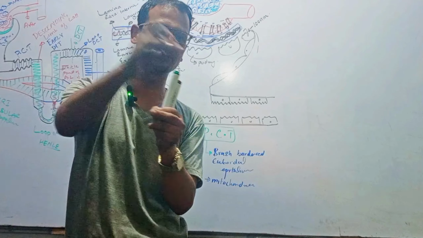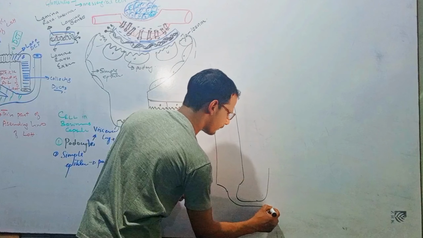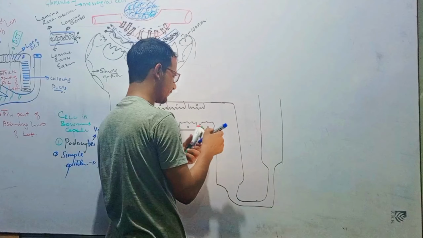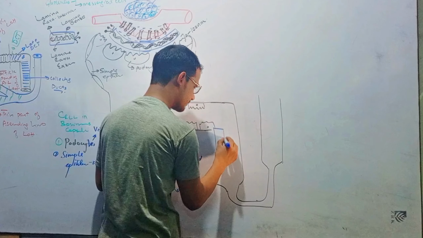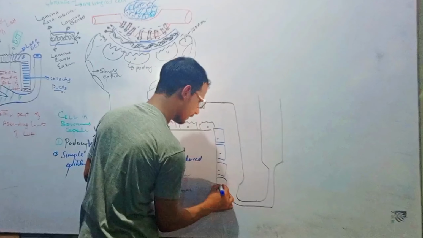The next part is loop of Henle. For example, this is the loop of Henle, and all over the loop of Henle we have simple cuboidal epithelium.